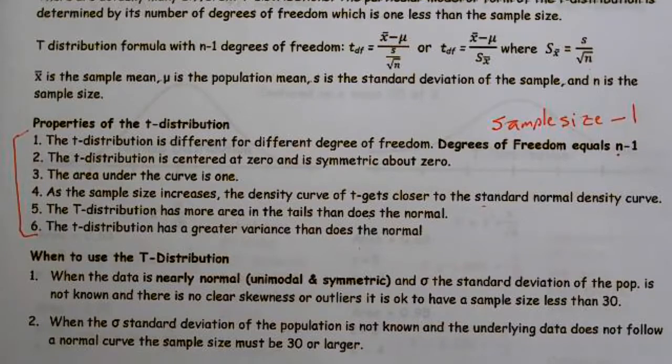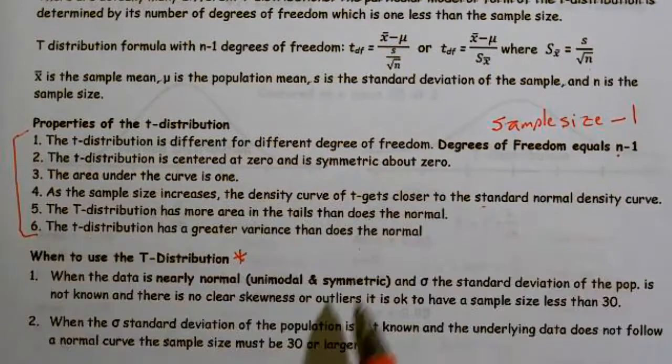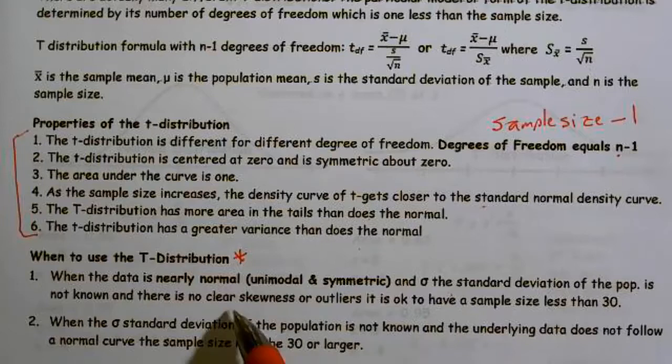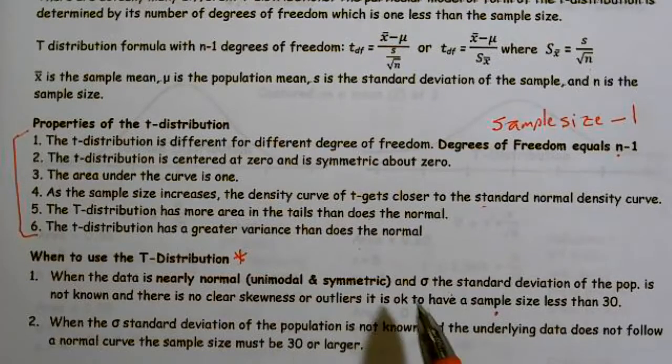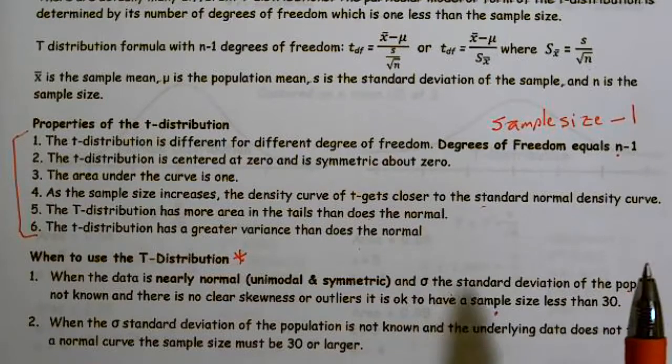So when can we use the t-distribution? Again, this is something I would definitely star. When the data is approximately normal or nearly normal, the standard deviation of the population is not known, and there is no skewness or outliers, it's okay to use when the sample size is less than 30. So if our sample size is less than 30 and it's unimodal or normal, and we don't know the standard deviation of the population, in other words we're having to use the sample standard deviation, it's okay to use a t.